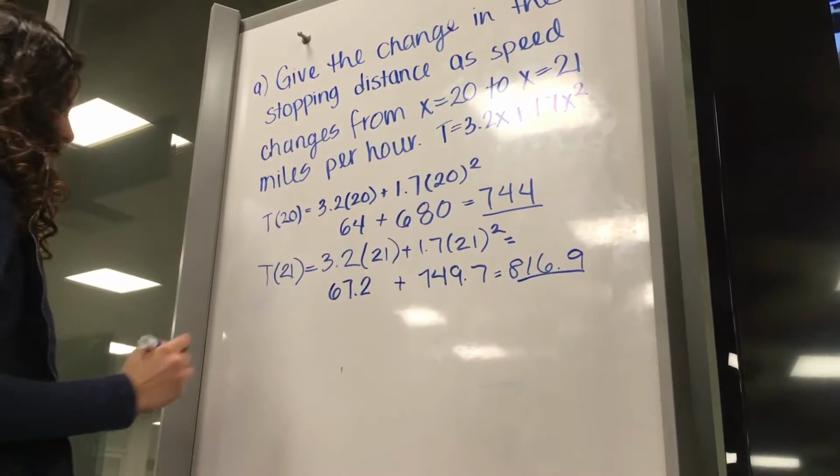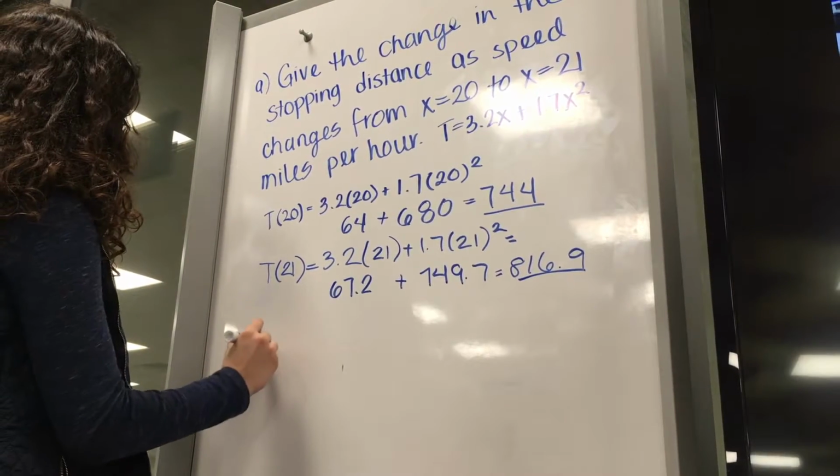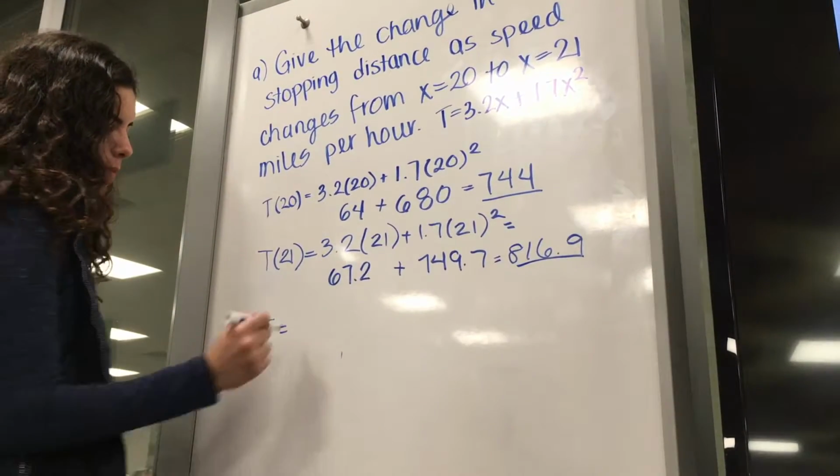So now we've gotten both stopping distances, with speeds 21 and 20.